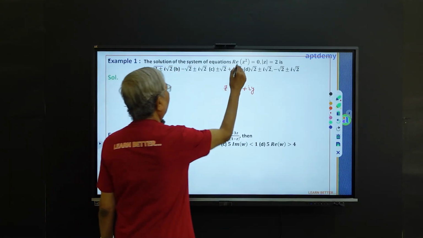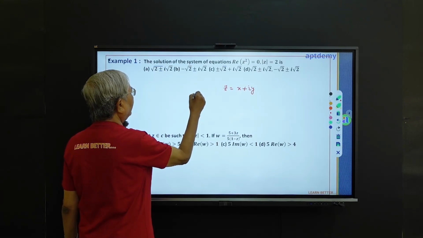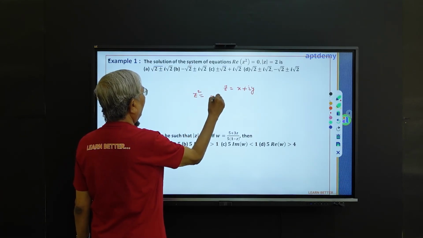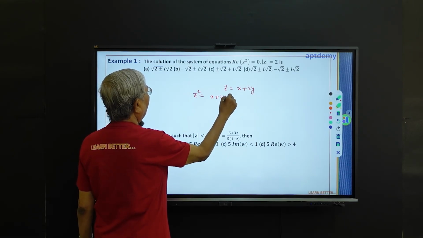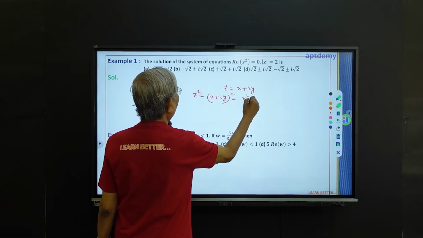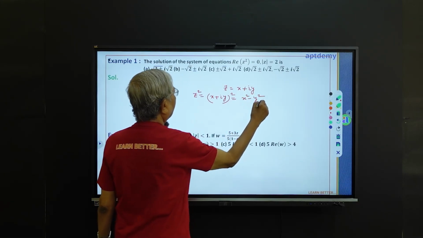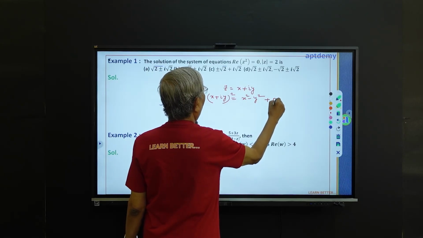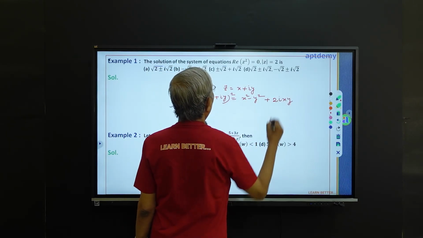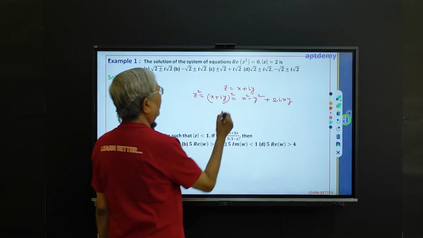One is real z square. So first we find z square. What is our z square? z square means x plus iy, this whole square. That is x square minus y square plus 2i xy.